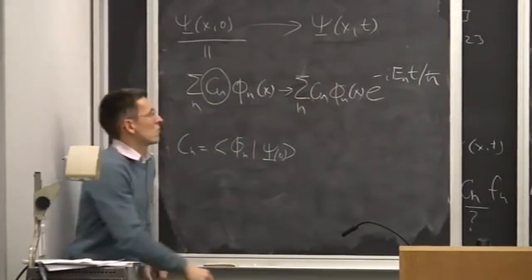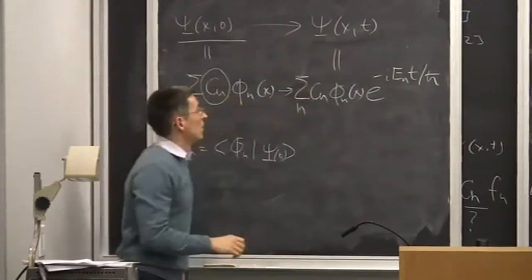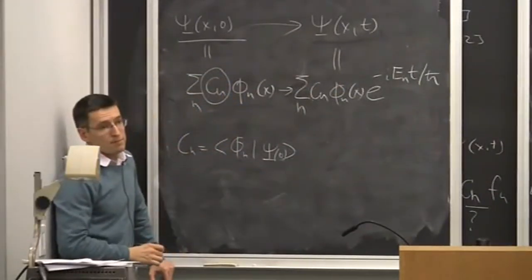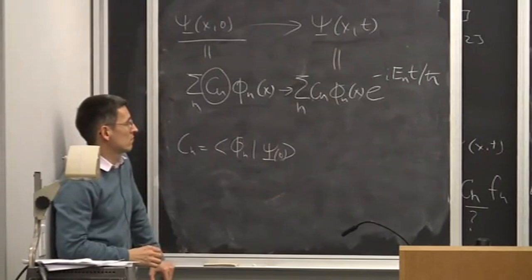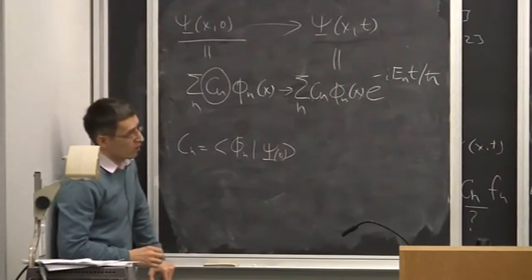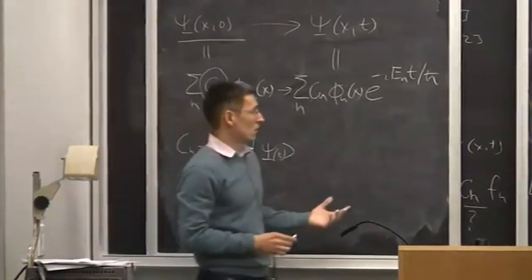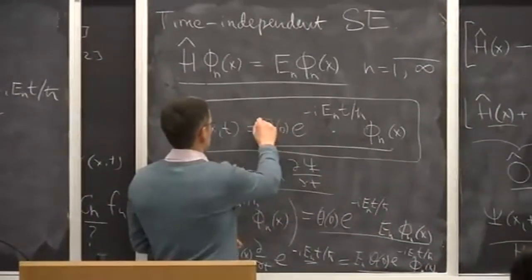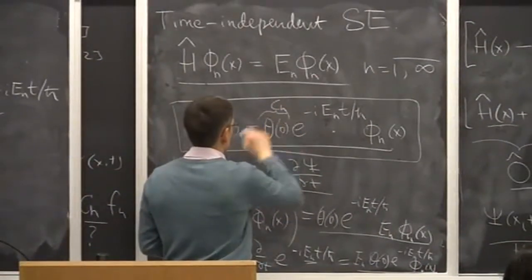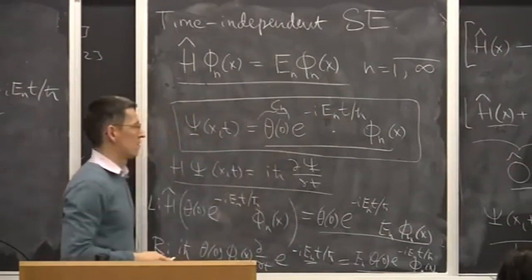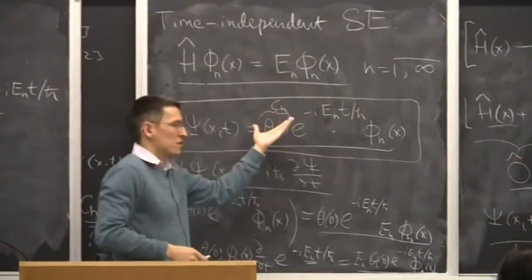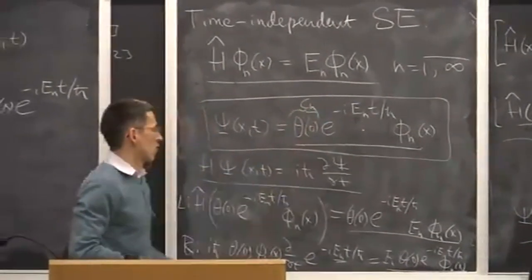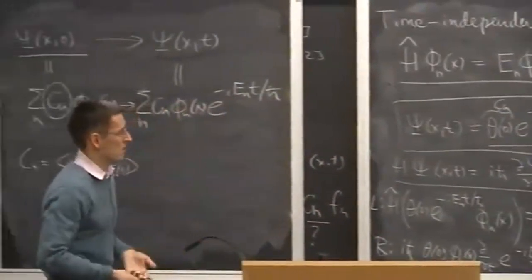Okay? So that is our wave function at later time. Why does this work? It's very simple. This theta thing can be considered the Cn, right? Because theta 0 is a constant, Cn is a constant. It's just different names for the same thing.